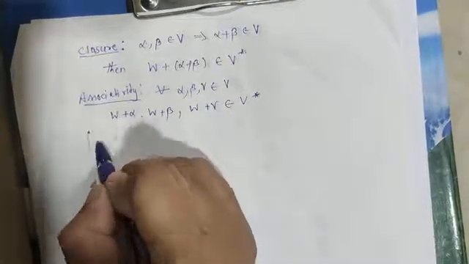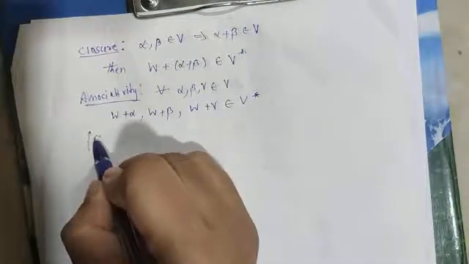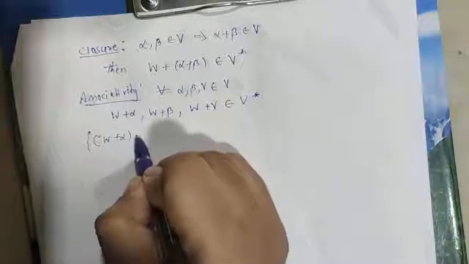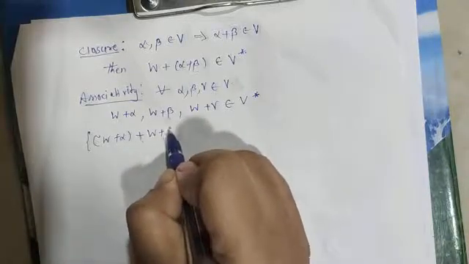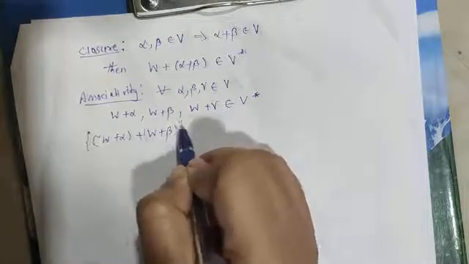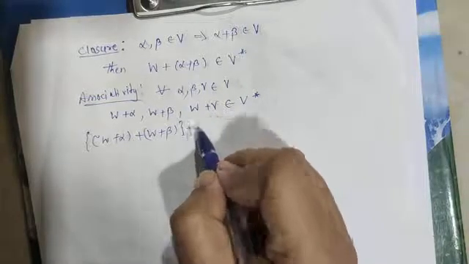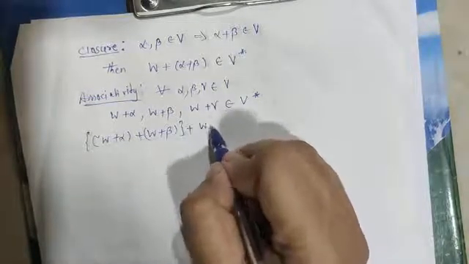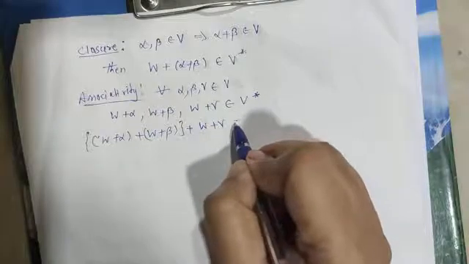Now we can write this as W plus alpha plus W plus beta, plus W plus gamma.